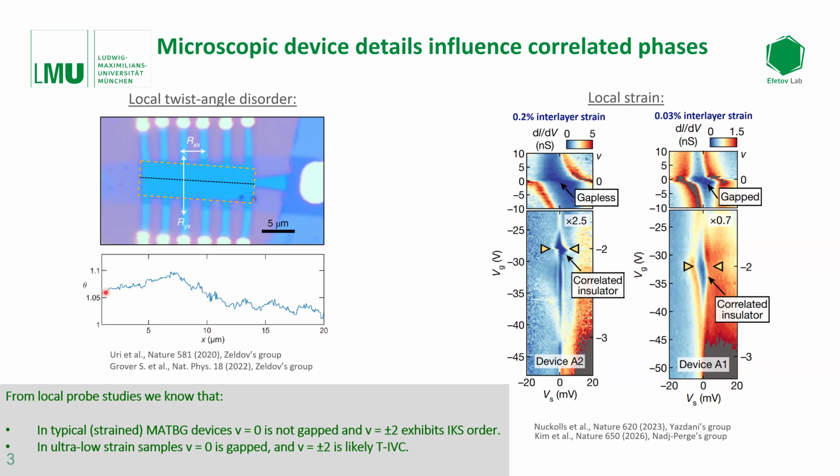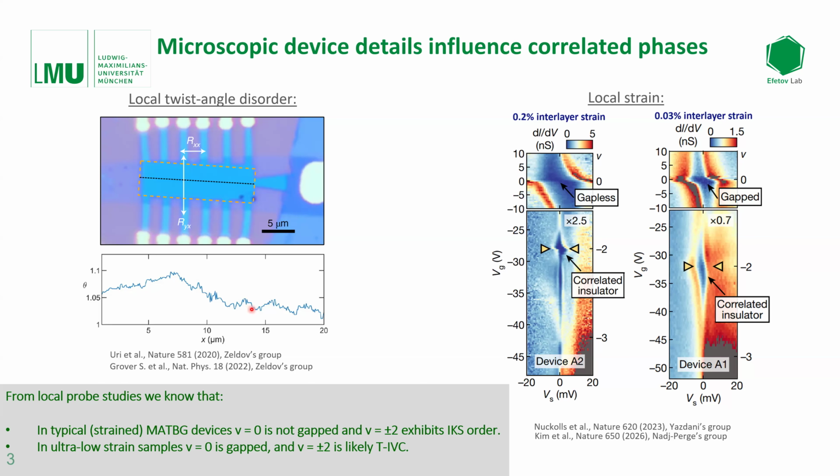And you can see really in the device, the twist angle can vary quite a bit, right? Not too dramatically, I have to say, this is not even a bad device, but over a length scale of 10 micrometers, it can vary substantially.